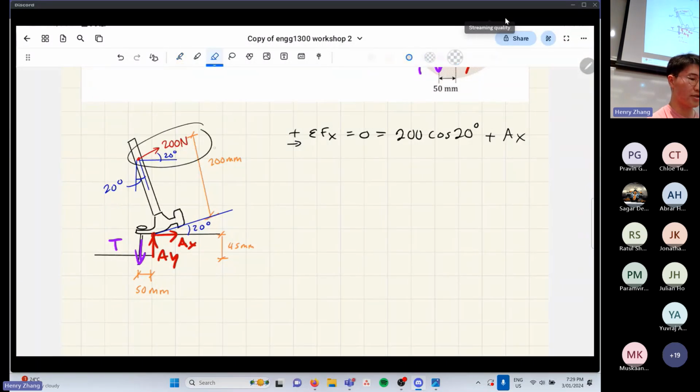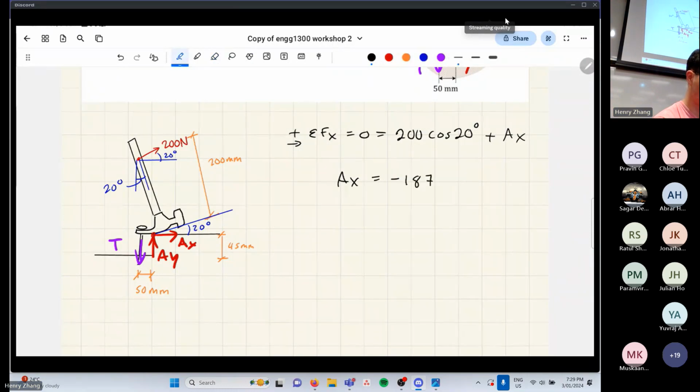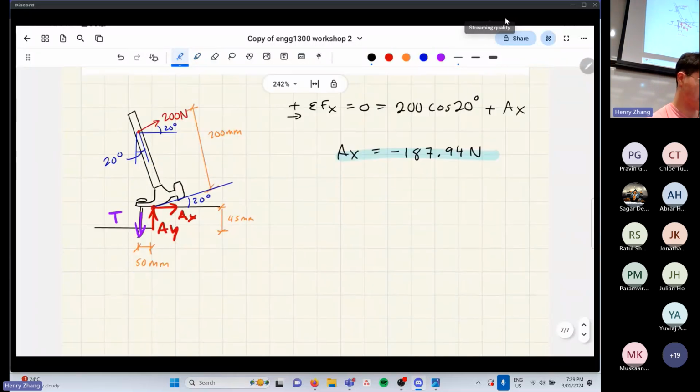So that's just the horizontal component of that force, plus AX. We assume the arrow in the right direction, but when we solve for it, we're going to get a negative number, because of what we were talking about before. You can assume the arrow in any direction, and if you get a negative number, it just means your reaction is actually acting in the other direction to what you assumed. That's fine, so we just leave it as is.